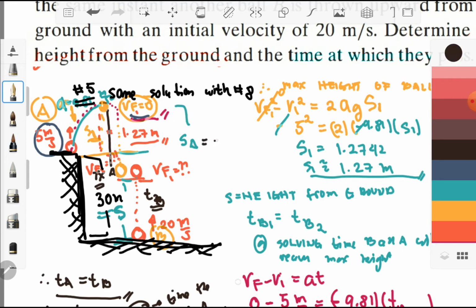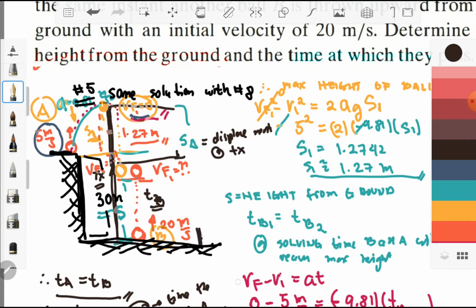SA is equal to the displacement, or position, at TX.